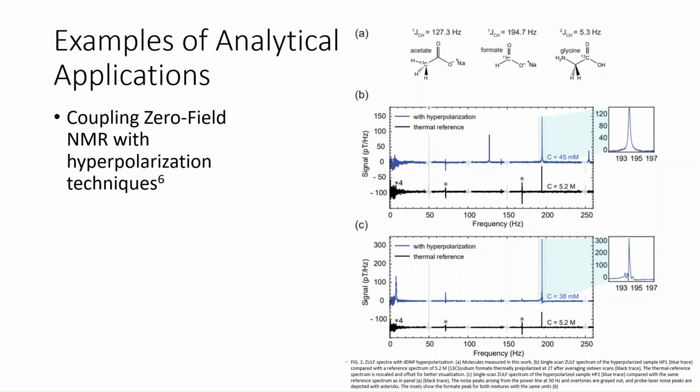Hyperpolarization are experimental techniques that yield nuclear spin polarization levels several orders of magnitude higher than thermal equilibrium, resulting in enhanced NMR signals. This is a figure from the paper that uses this technique comparing zero field to ultra-low field NMR with and without hyperpolarization. We can see that there is a clear difference in the clarity of the signals.